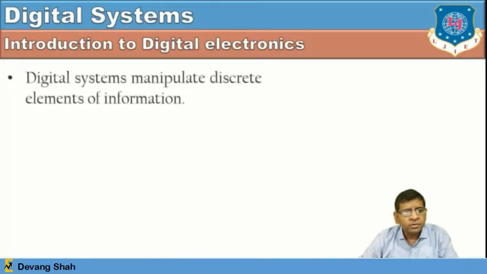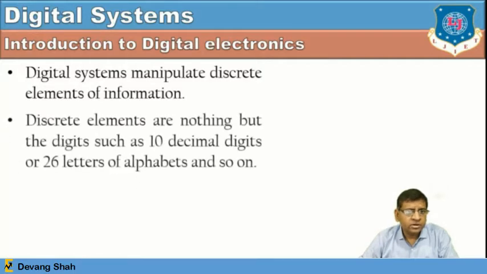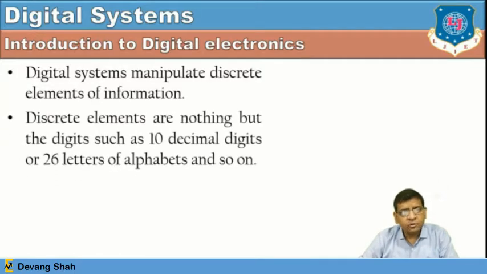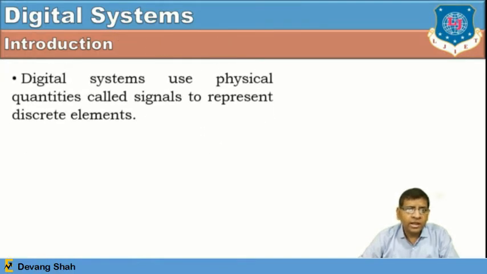This digital system manipulates discrete elements of information. In our routine life we use numbers like 0 to 9 and some alphabets, and those numbers and alphabets are converted into the form of 1 and 0. The microprocessor understands only binary numbers.